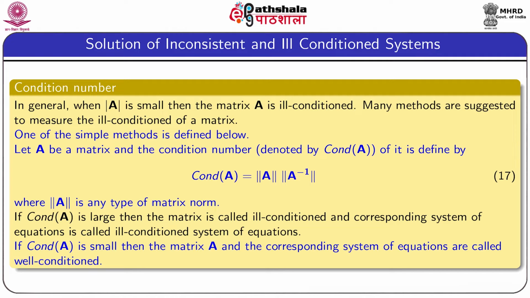If cond A is large, then the matrix is called ill-conditioned and the corresponding system of equations is called an ill-conditioned system of equations. If it is small, then the matrix is called well-conditioned and the corresponding system of equations is called a well-conditioned system of equations.